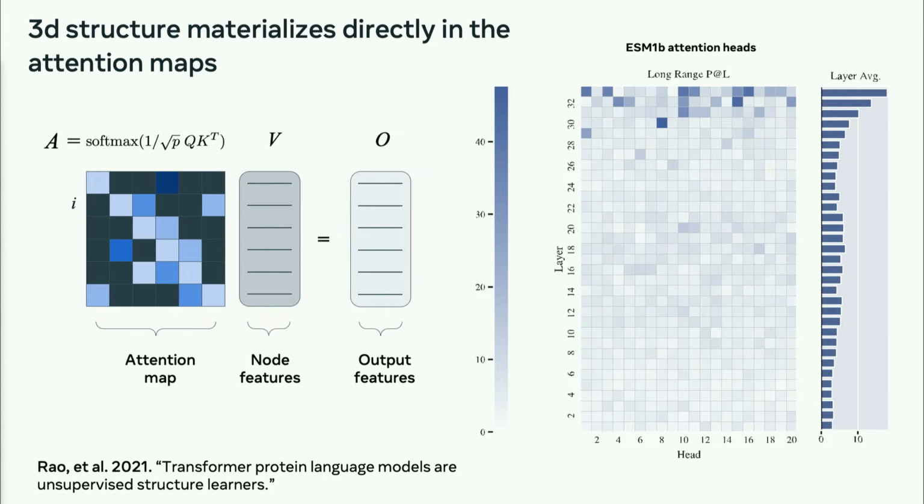So one of the first things that we looked at, the transformer has this mechanism that's called self-attention. And basically what it is, each position in a sequence is able to attend to all the other positions in the sequence. And there's a weight assigned to each of those positions in the sequence.